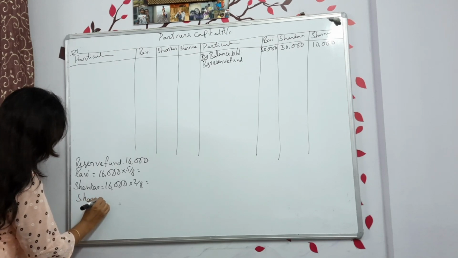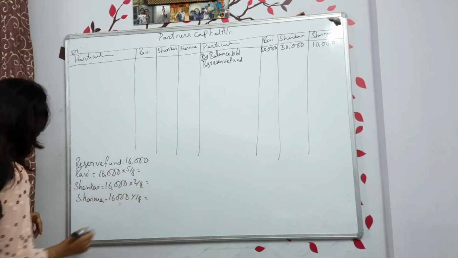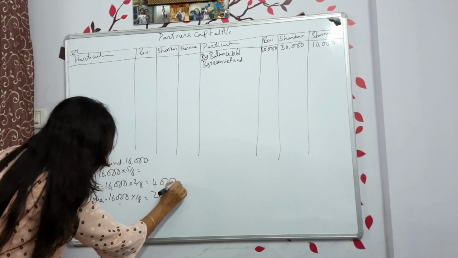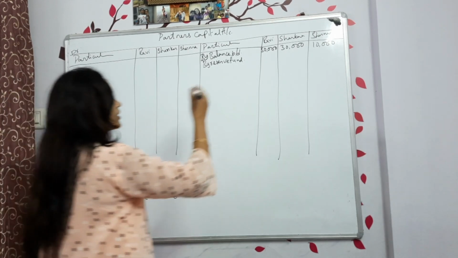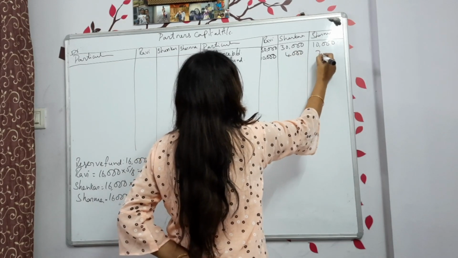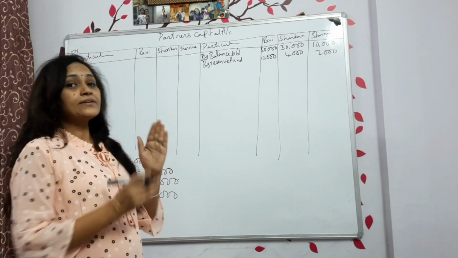Sharma, 16,000 into 1 by 8. Then how much will you get? This is 10,000, this is 4,000 and this is 2,000. Now write down 10,000, 4,000 and 2,000.